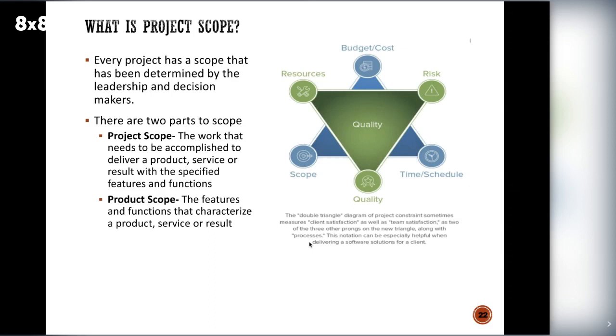We have to build a certain quality of product before we can push it to the market. Time and schedule is also a scope. We have to ensure that the time and the schedule meet the timeline. Risk as well, when we plan ahead, is a scope as well. So I want you guys to understand all this and the differences between project scope and product scope.